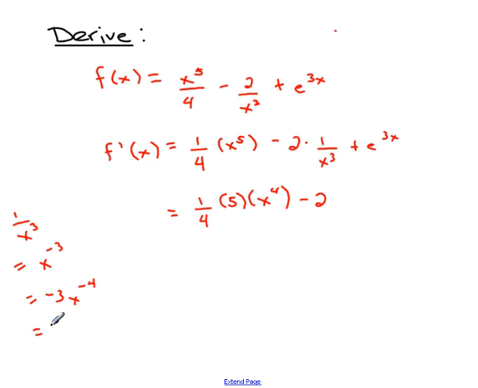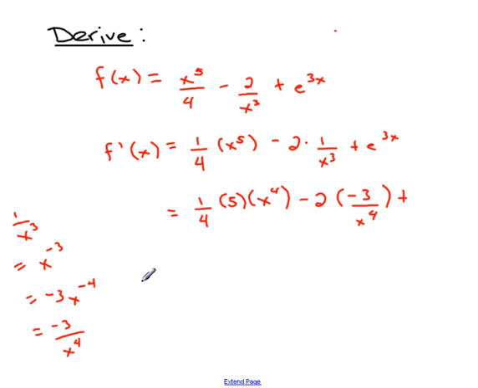Then you can rewrite it as -3 over x to the 4. So that's what you can rewrite here: -3 over x to the 4, plus.